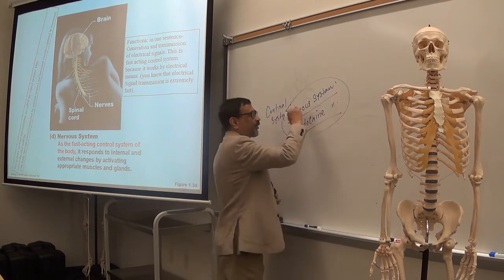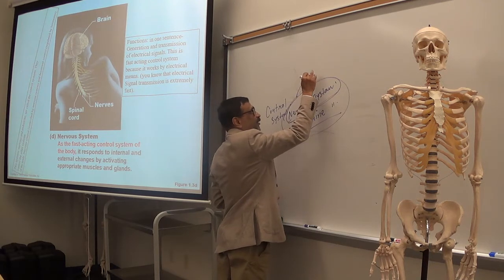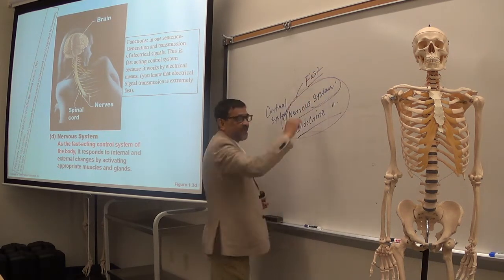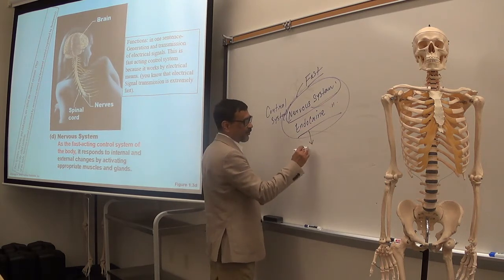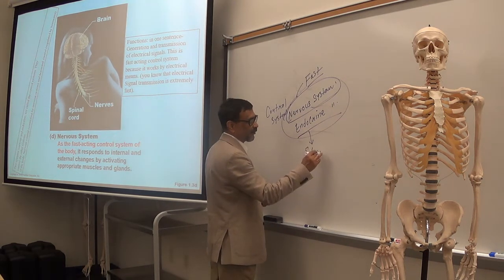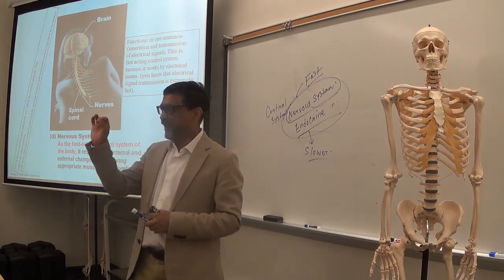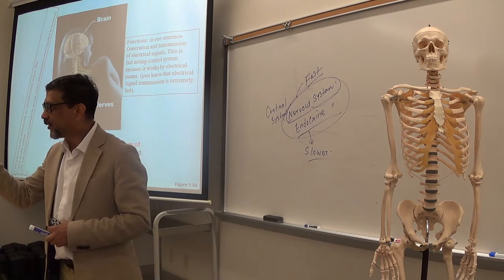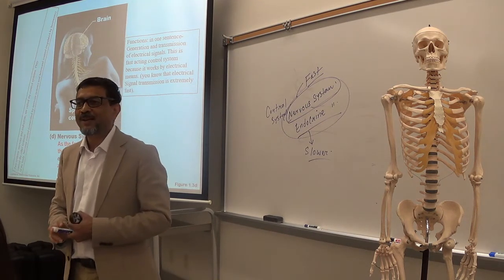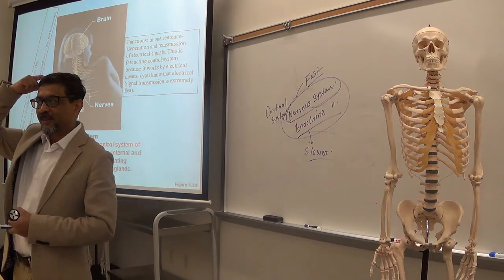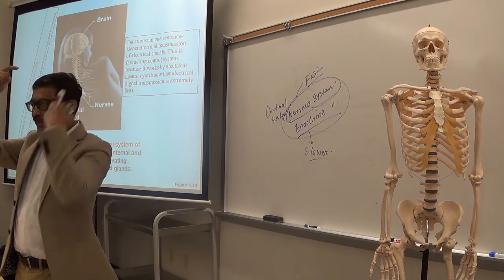Of these two, the nervous system acts very quick, a fast acting control system. Endocrine system is rather slower than the nervous system. So fast acting control system is which one? Nervous system. Is it clear? Why? Because your brain sends signal to the muscles very fast, right?